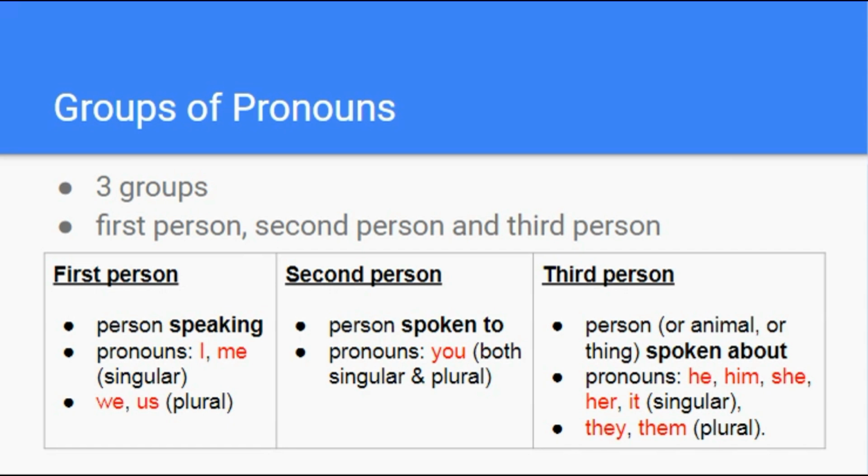So right now I am speaking, I am talking to you, I am the first person, and the pronouns that I can use are I, me, right? If I have another person with me and we both are talking to you, then we can also be used as the first person pronoun. So we and us are plural of singular pronouns like I and me.